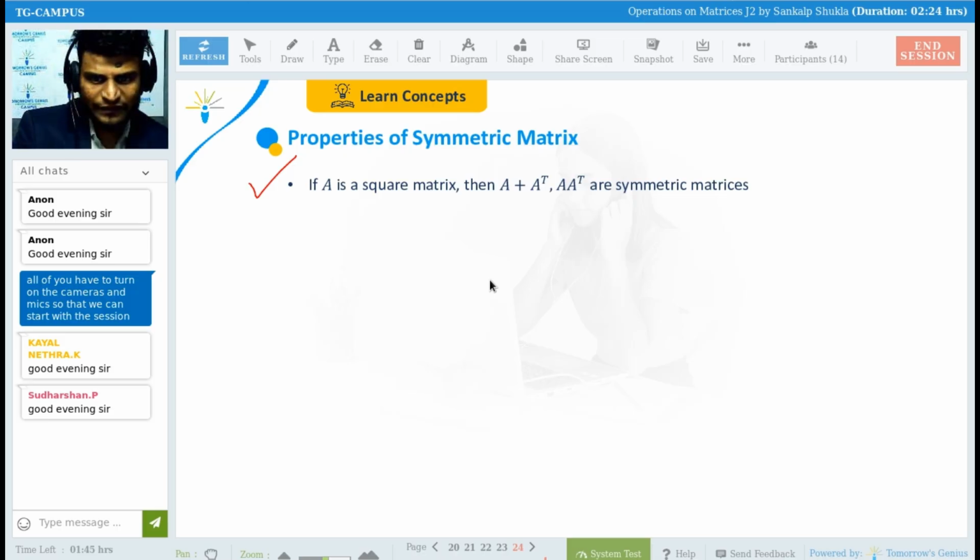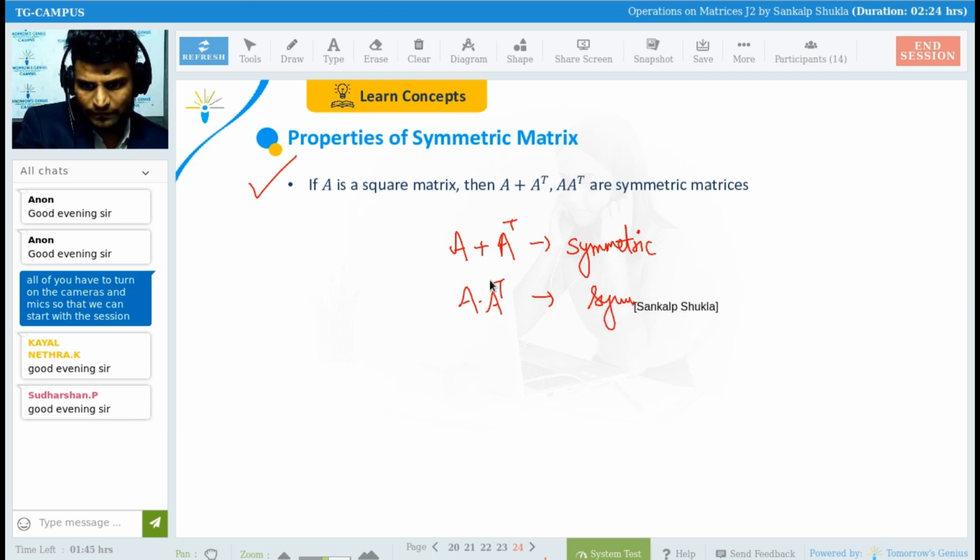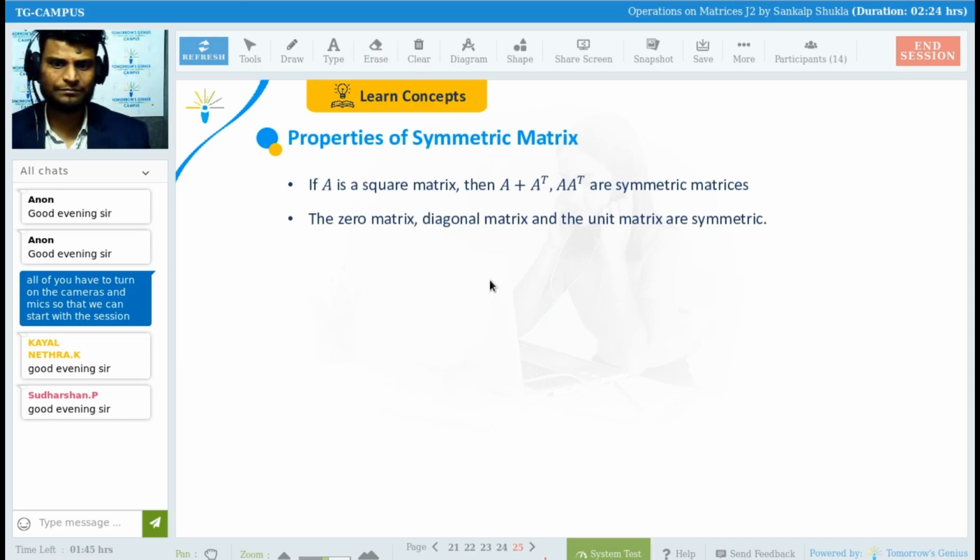So A plus A transpose will be symmetric, and A into A transpose will also be symmetric.